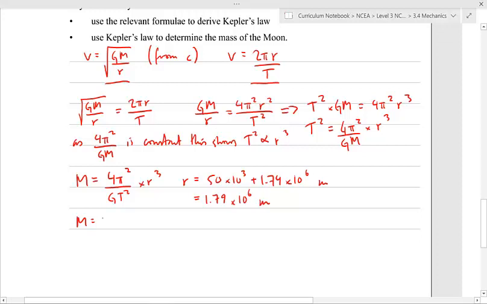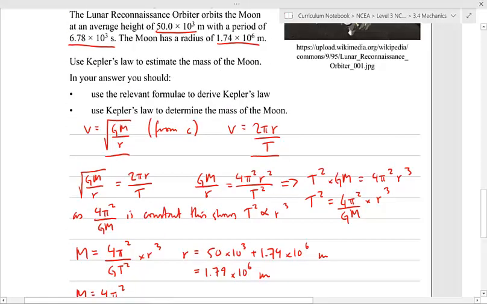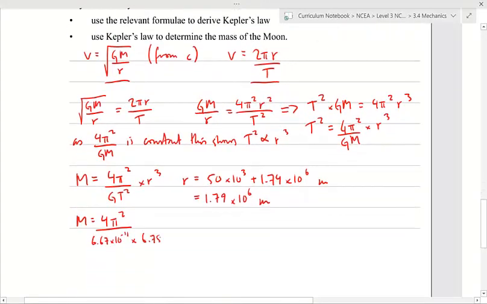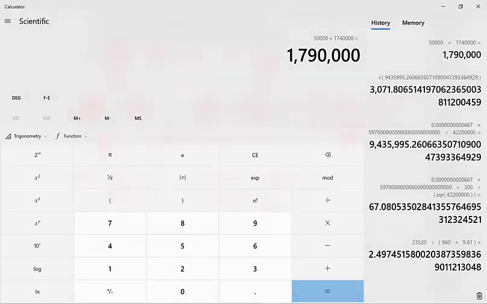We get M is equal to 4 pi squared over 6.67 times 10 to the negative 11 times the period, which was 6.78 times 10 to the 3, all squared. And then we want to multiply that by r cubed, which is 1.79 times 10 to the 6 cubed, which gives us, what was it?